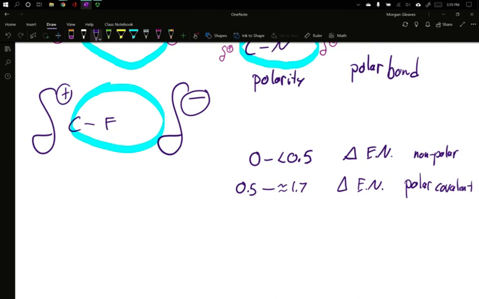However, you have an imbalance in that sharing, and so charge will develop. And if you are greater than about 1.7, you are going to be ionic. And so why do sodium and fluorine make an ionic compound? Because the electronegativity difference was about 2.2, so they are significantly beyond this point. They are definitely ionic.